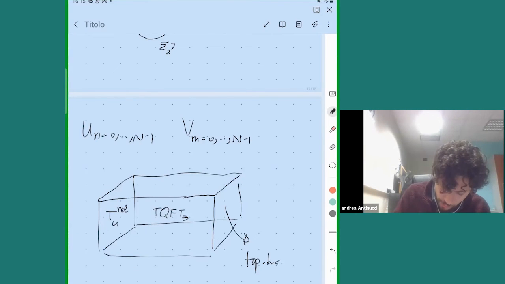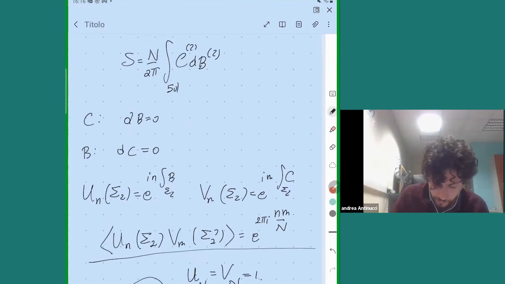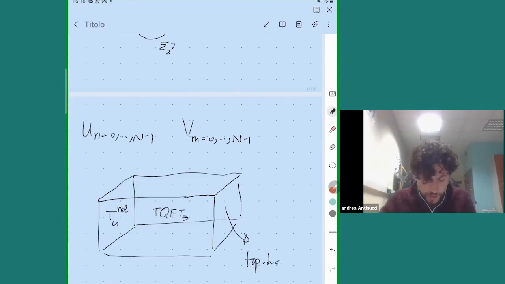And one boundary condition that you can impose is B equal to 0 and C free. You can check that this is a consistent boundary condition from this action. And after you impose a topological boundary condition, since the bulk is a TQFT, you can do this slab compactification, and you will get again an absolute theory T4, which it turns out that with this particular boundary condition is precisely the original theory, let's say SU(N).